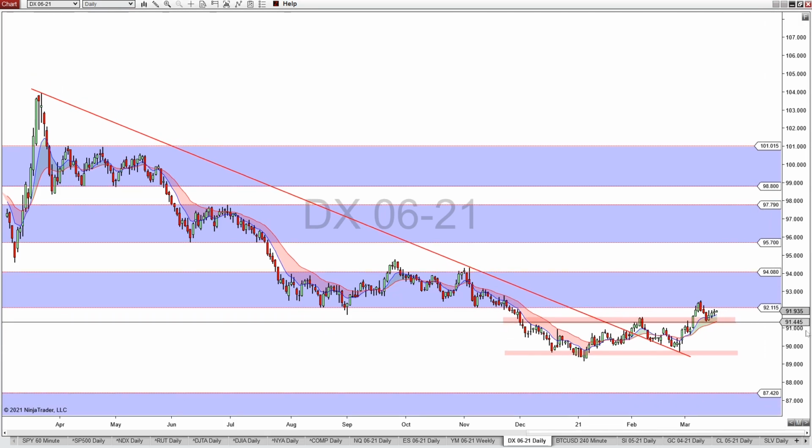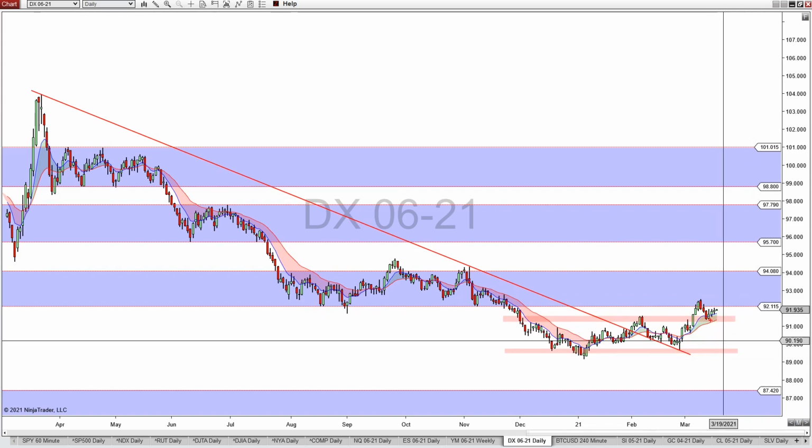Okay, and I wouldn't be surprised to see the dollar, once it starts retracting, come down and dip below the 90 and possibly come back down to this 87 area. I do not expect it to go back up above the 94. If it does, then certainly things have changed in terms of the interest rate outlook from the Fed.